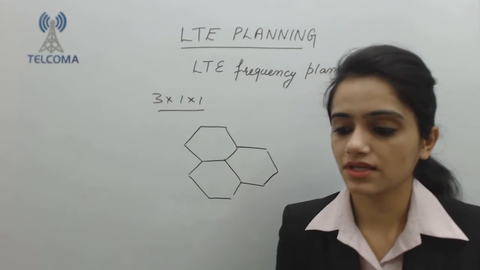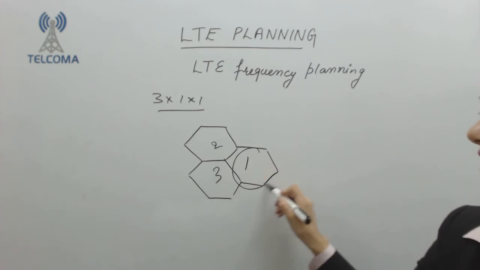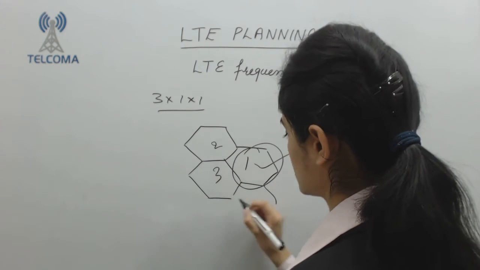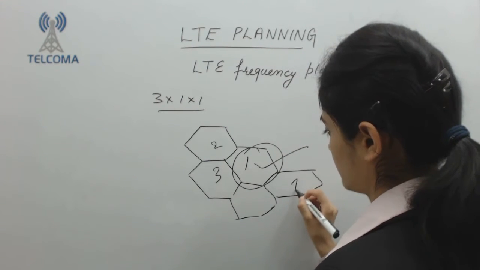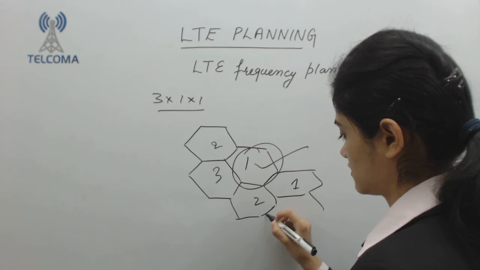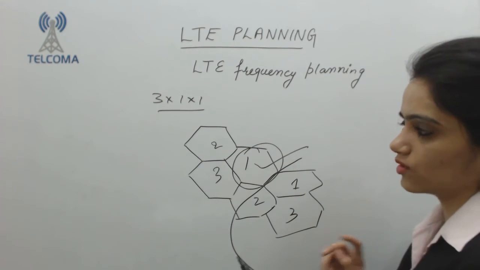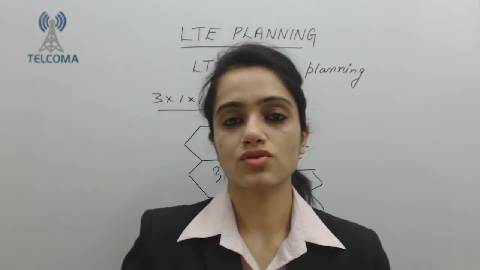So I have 3 eNodeBs, so I will give 1, 2 and 3 in that cell, one frequency each. So I'm reusing again. That means I am giving 1 again, 2 again and 3 again. So this is my 3 cross 1 mode of frequency reuse.